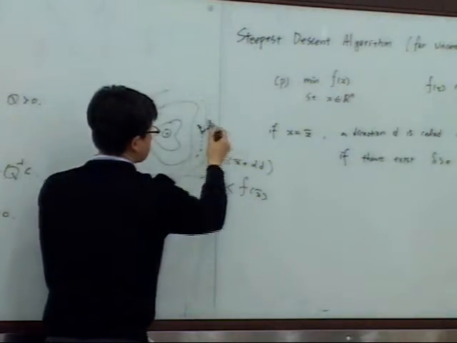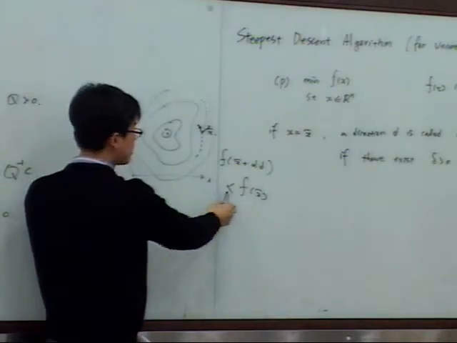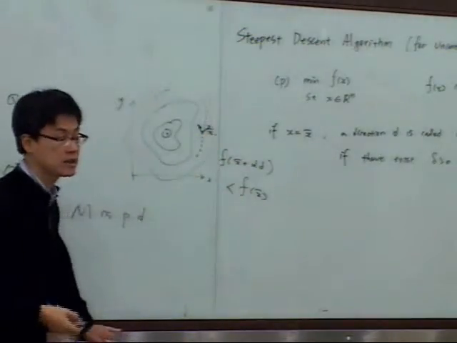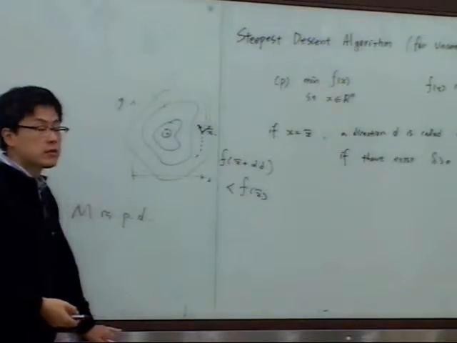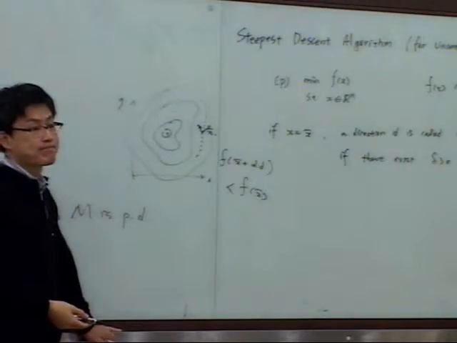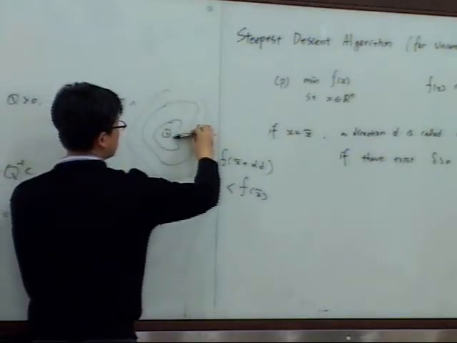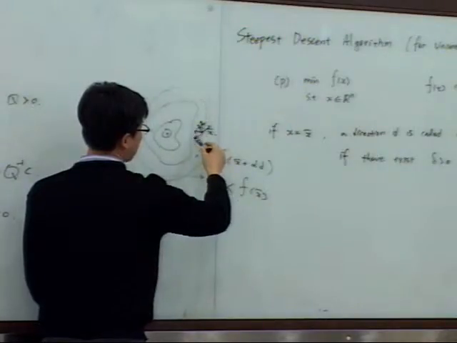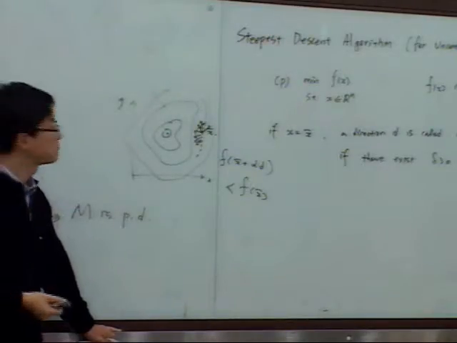How about that direction? It does not hold anymore. So that is not a descent direction. Okay? How many descent directions are there? Many, an unlimited number. Any direction in this area is a descent direction. Okay?